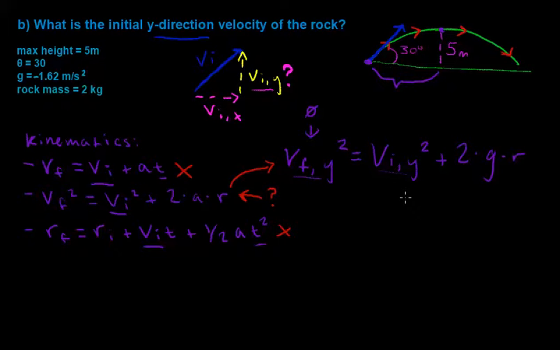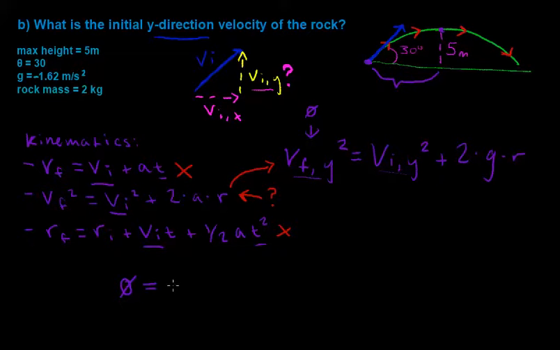So we can just plug all of our numbers in here, and let's do this down here where there's some more room. So we know that our final velocity in the y direction is 0, and 0 squared is just 0.